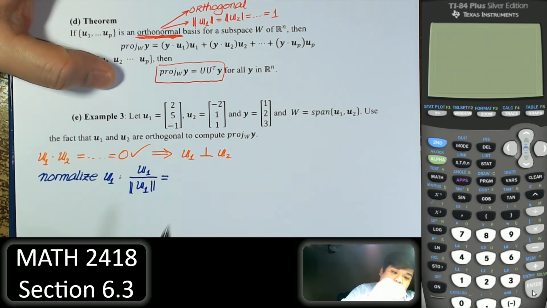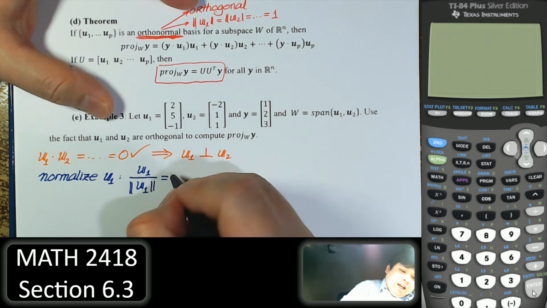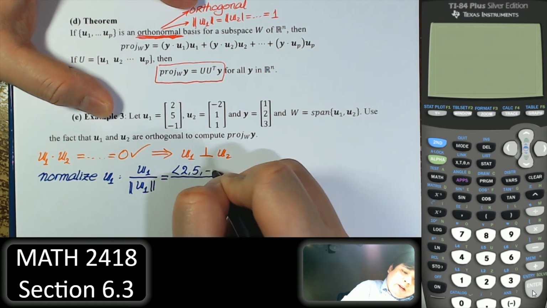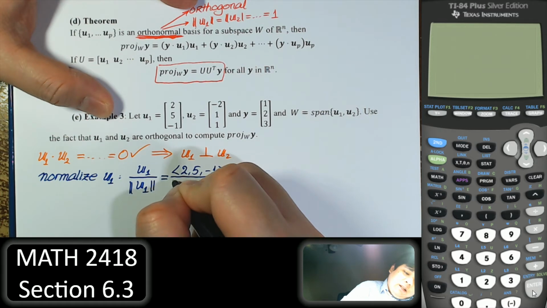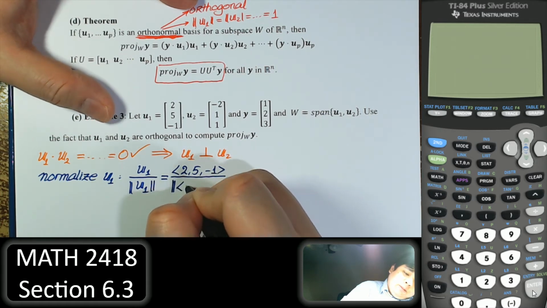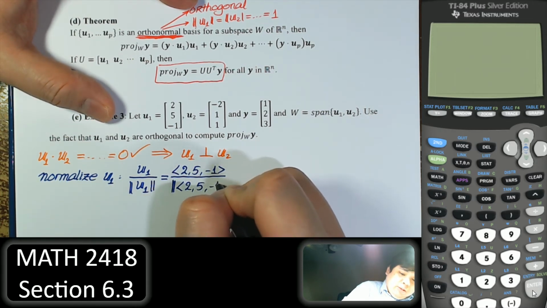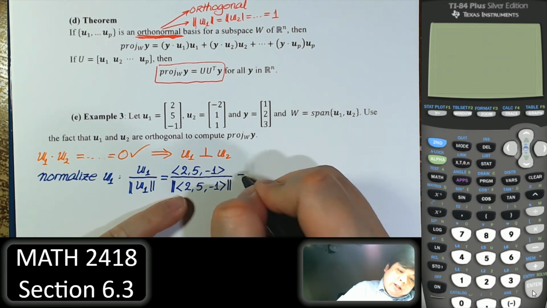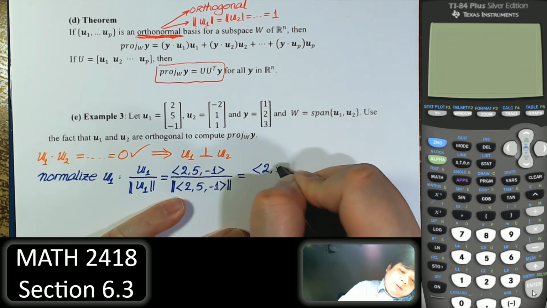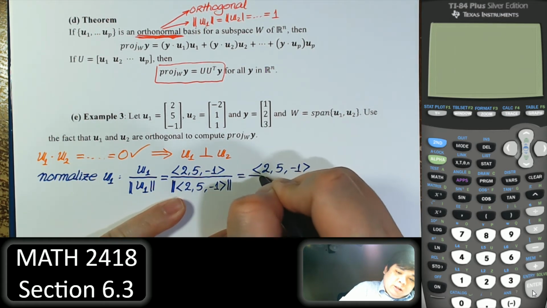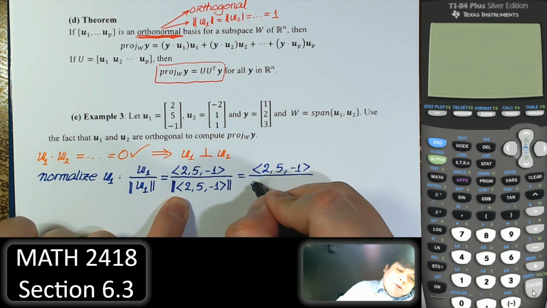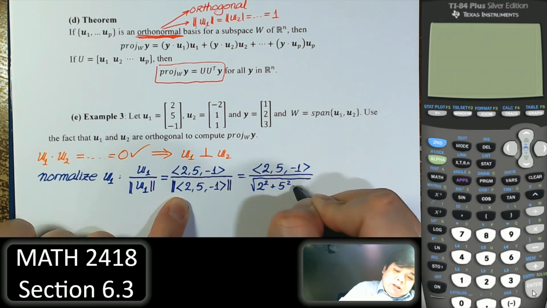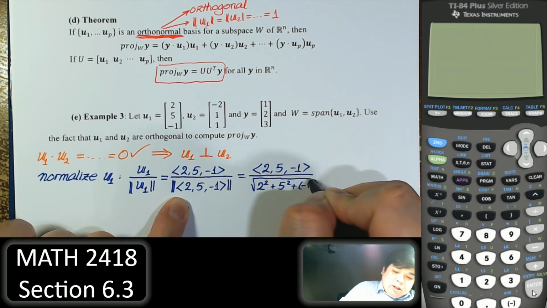So that gives us the orthonormal vector. Take u1, which is 2, 5, and negative 1, and divide by the length, which is the square root of 2 squared, 5 squared, and negative 1 squared.